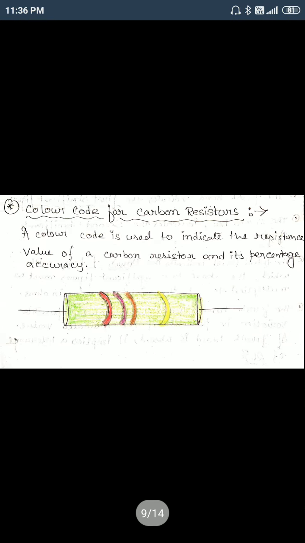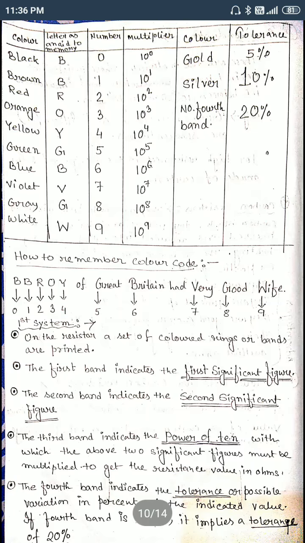The second band in this figure is purple. The second band indicates the second significant figure. In this way, if violet is there, then 7, gray is there, 8. So if the first is red, 2, and the second is yellow, that means 24.